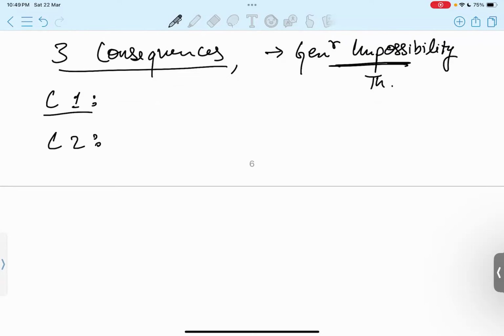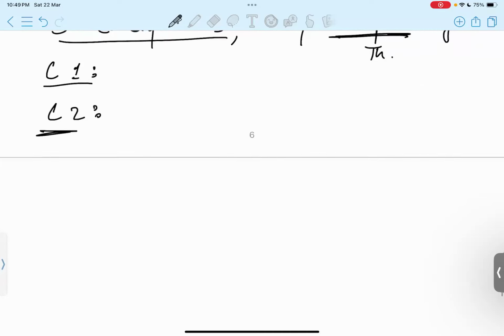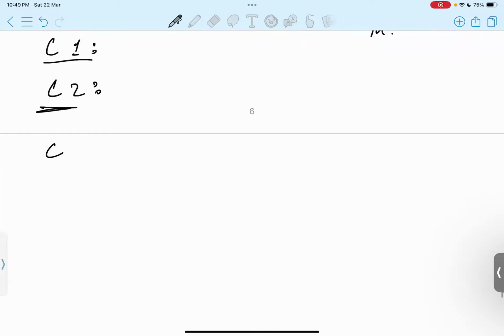Second consequence: if in a given social choice the will of, let's say, individual a is prevailing against individual b, then whether b is indifferent to the choice of a or b agrees with a, we will see that the choice and decision of a will always prevail over the decision of b, the other individual.